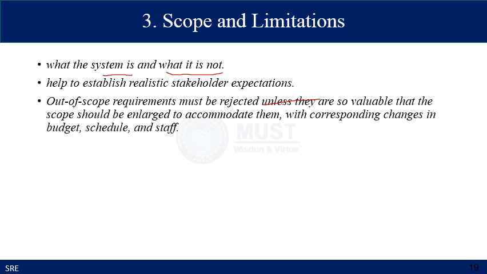So scope defines what will be in your system in the current release, and if something is part of the vision and it is not in the current release, you have to specify that it is not in the scope of the current release.